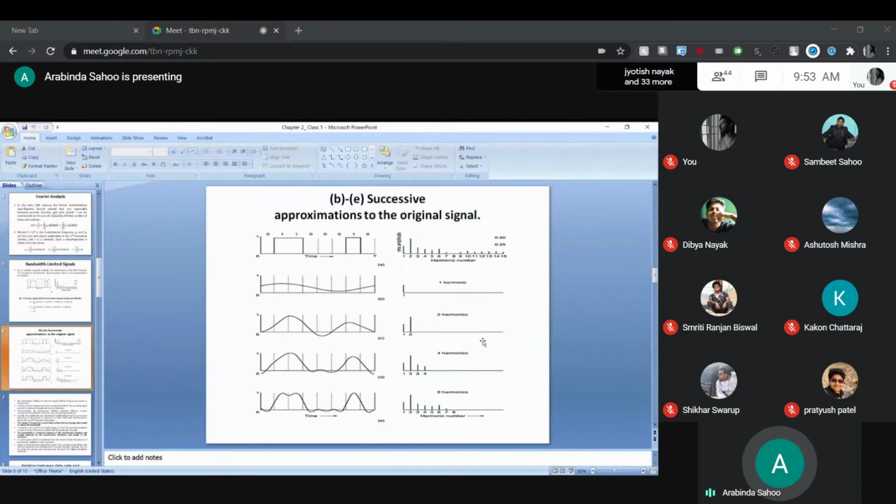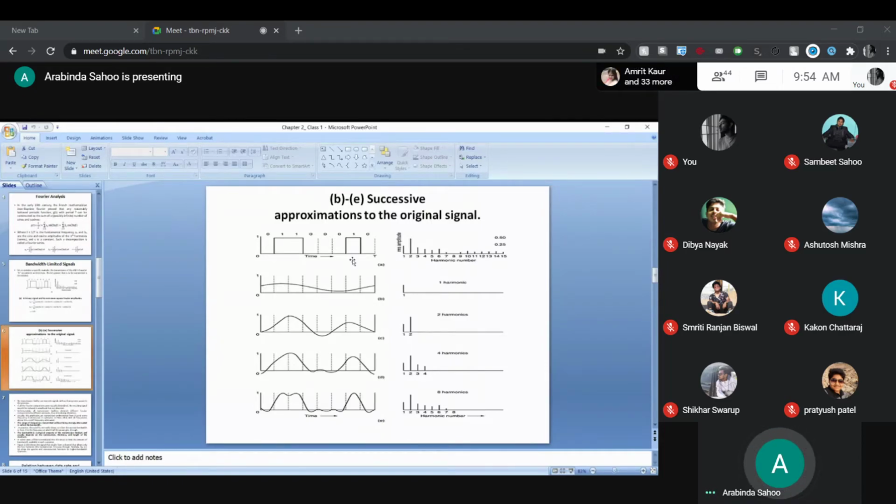So now simply remember, whenever you pass this signal through any channel or any physical medium, depending upon the quality of this physical medium, it will pass a different number of harmonics.